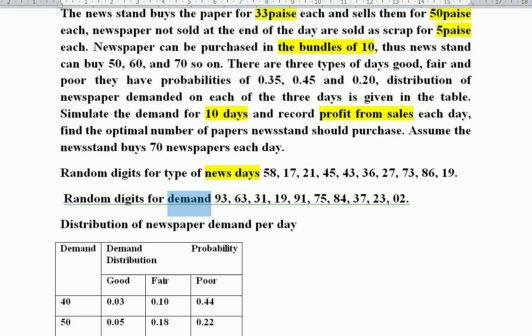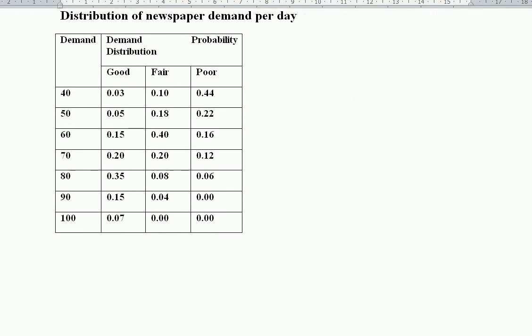And the random digits for demand are also given, along with the distribution of newspaper demand per day. Demand is 40, 50, 60, 70, 80, 90 and 100, with the probability distribution for good, fair and poor days. For 40, the probabilities are 0.03 on a good day, 0.10 on a fair day, and 0.44 on a poor day.